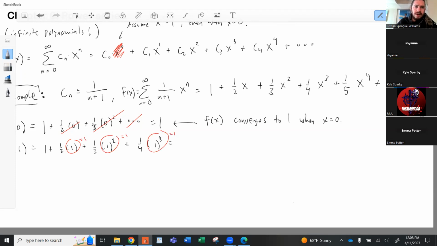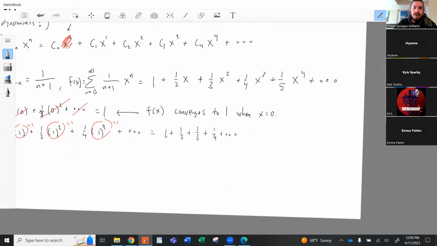They're all equal to 1, right? So if I keep going, forever, essentially what I get here is just 1 plus a half, plus a third, plus a fourth, plus etc. And now that's just the harmonic series, which is indeed divergent.